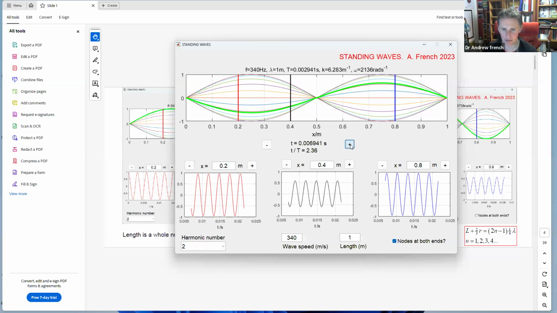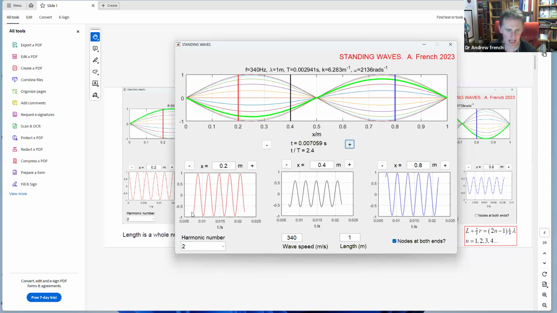So another way of thinking about a wave is, of course, the time variation. What these 3 points do is that they correspond to certain spots along the wave. So at x is 0.2, you can see the red line here represents what's happening versus time. As I evolve this, it plots from where we are at the moment.